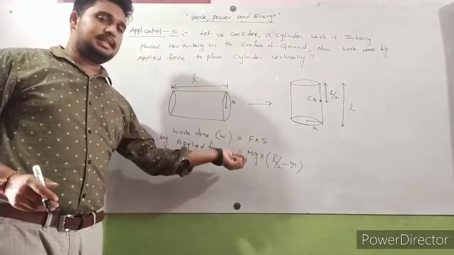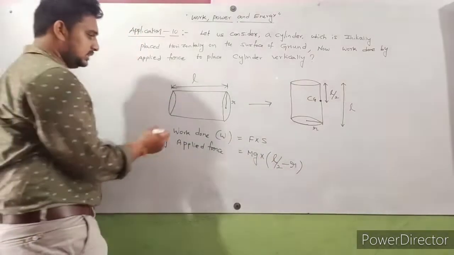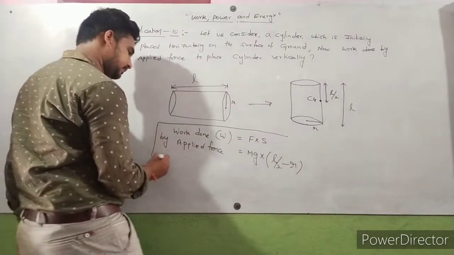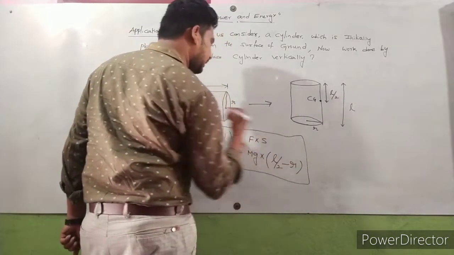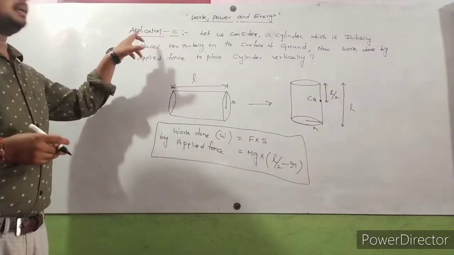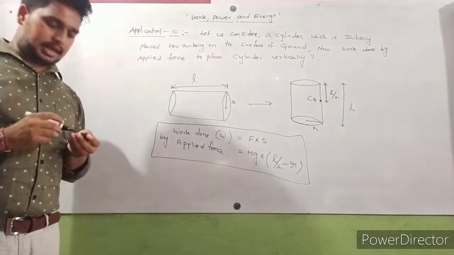We consider the distance from the center of gravity, L by 2 minus R. So this is the work done by the applied force. This is application number 10. Next we will discuss application number 11.